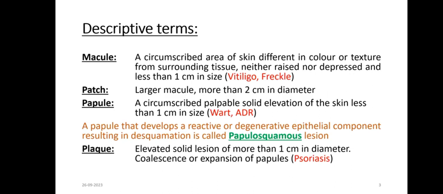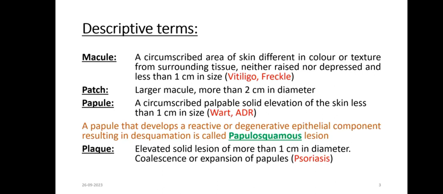A papule is a circumscribed, palpable solid elevation of the skin which is less than 1 centimeter in size. In our clinical practice, we come across most cases in the form of papules, because adverse drug reactions and warts all belong to those lesions.